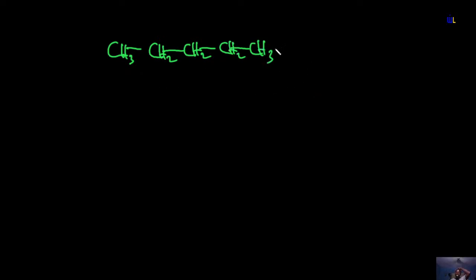Now, the first thing is to identify what functional group this is. As I look at this, I'm seeing a hydrocarbon that has only single bonds. Once you notice a hydrocarbon that has only single bonds, automatically it is an alkane. Now, if you want to name it, this is not branched, this is continuous. Even if I had drawn it like this, it is still not branched. It is simply bent.